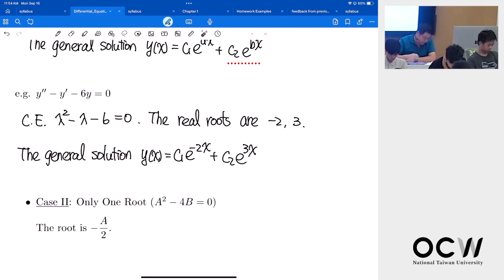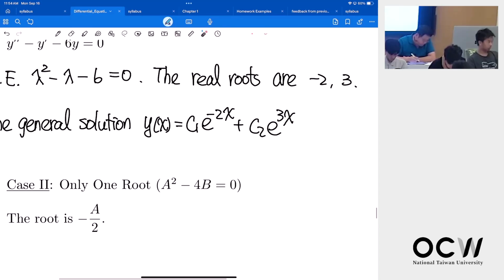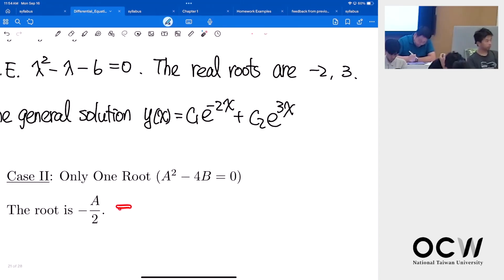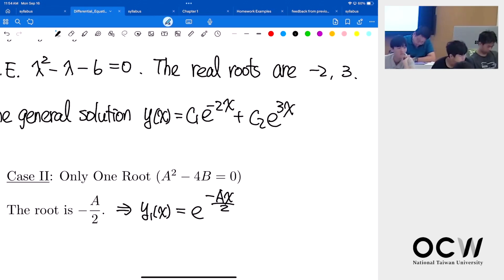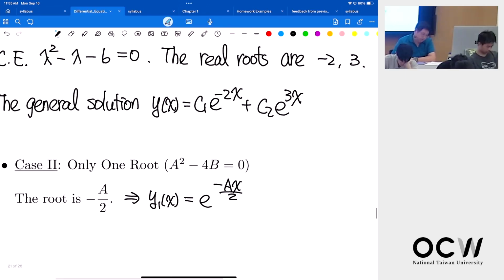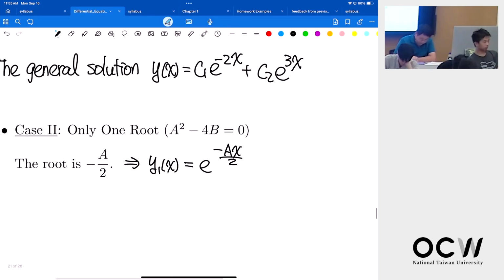Since here I only have one, that means this is y1, suppose y1 is e to the minus ax over 2. How can I find the other solution? We just did reduction of order, right?